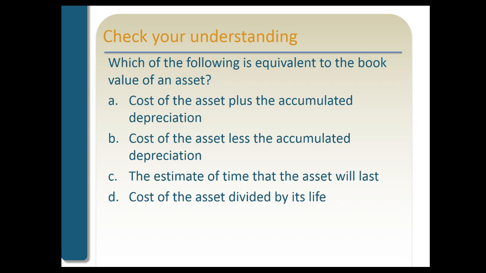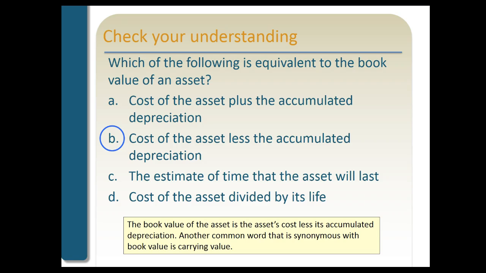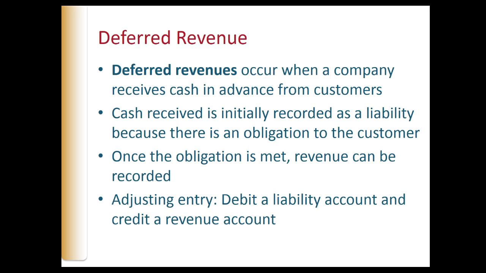Or the cost of the asset divided by its life? So I hope you get that one right. It's the cost of the asset minus the accumulated depreciation. The book value. It's also called carrying value.